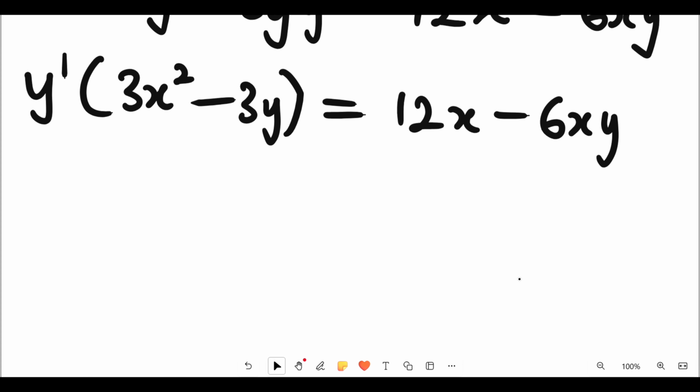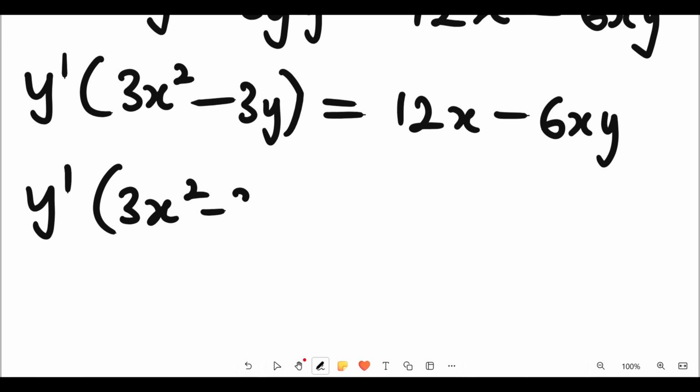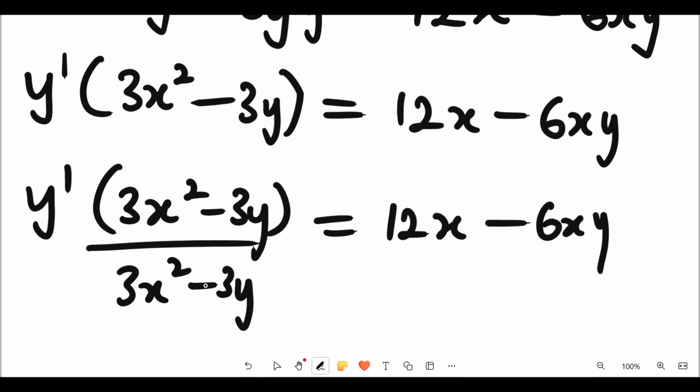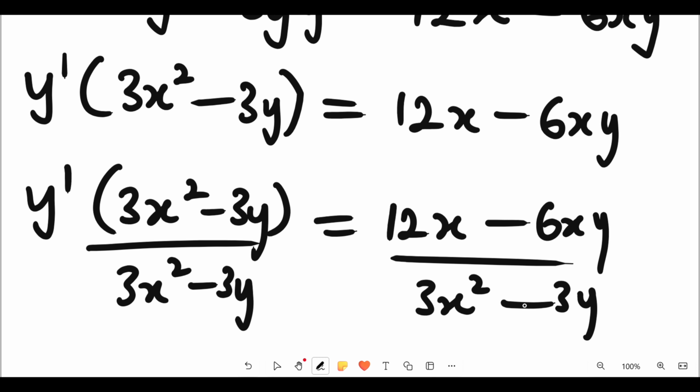So we can now divide through by the coefficient of y prime. We have y prime multiplying 3x squared minus 3y equal to 12x minus 6xy. I'll divide this side by 3x squared minus 3y, and I'll divide the other side also by 3x squared minus 3y.